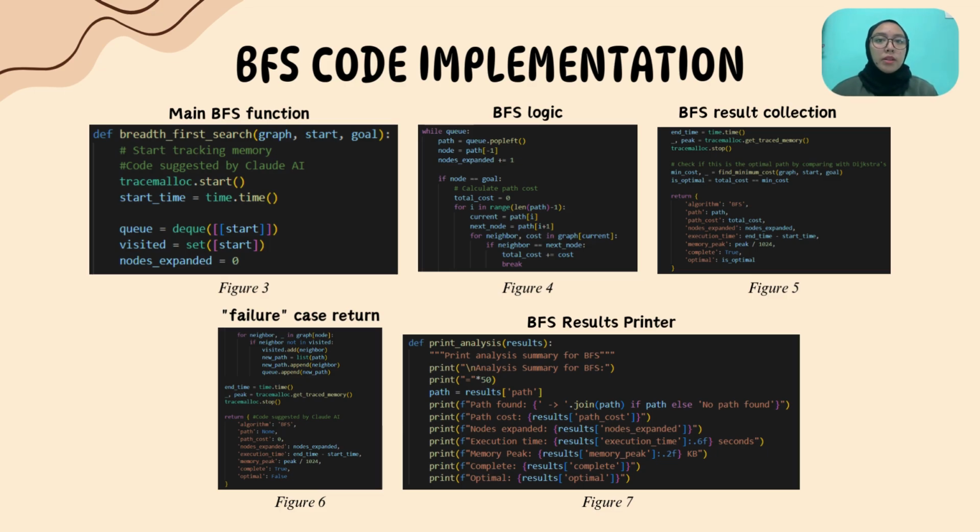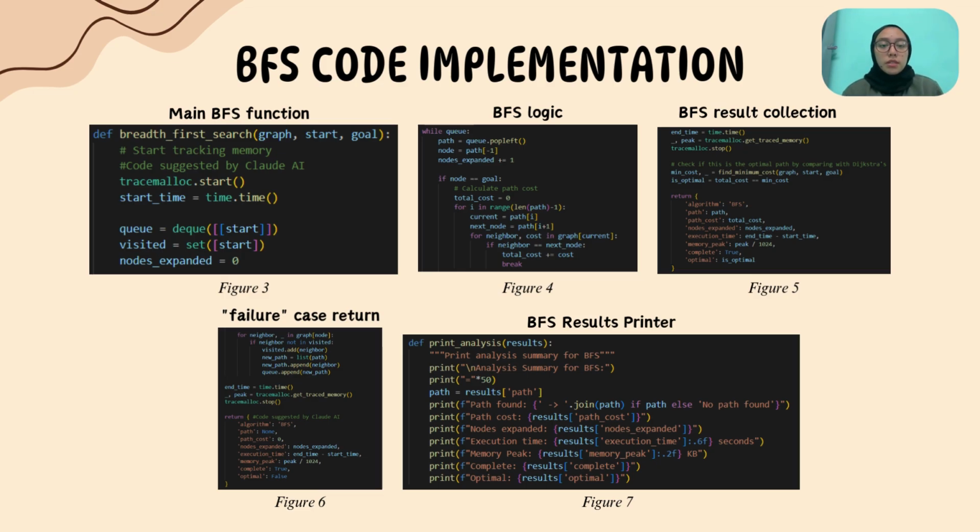For the BFS main logic, it is a level by level exploration, and the path tracking is using the queue. This implementation is efficient for neighbor processing, and we integrate the cost calculation. For BFS result collection, we collect the path and cost information as well as the performance statistics and the optimality checking.